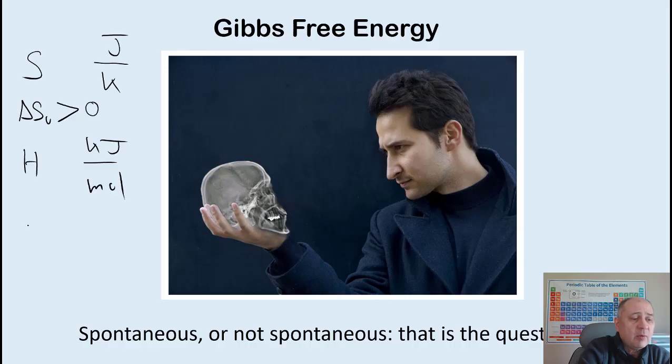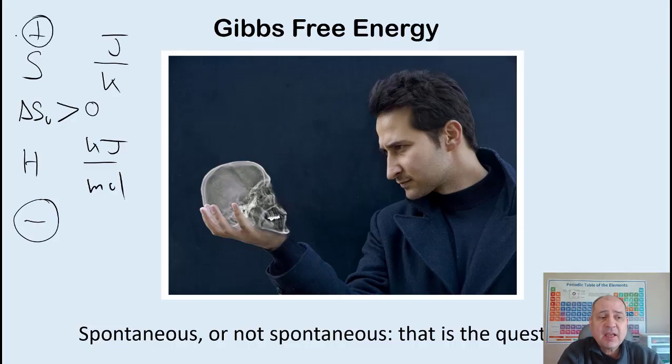So we have favorable systems that have a negative enthalpy and a positive entropy. This is the case when both of these aspects are favorable. But that's not always the case in reality. We have processes that are enthalpy favorable but not entropy favorable, and vice versa.